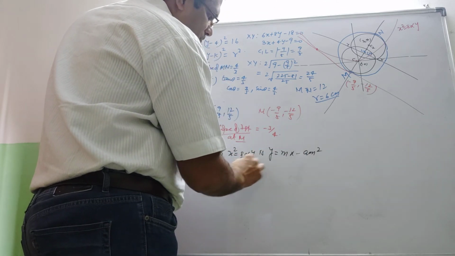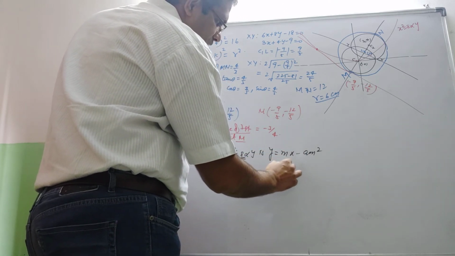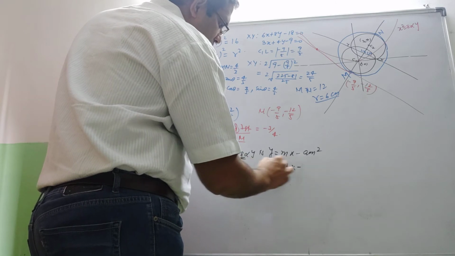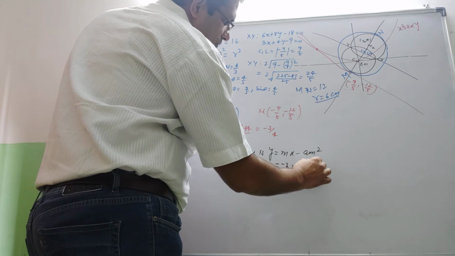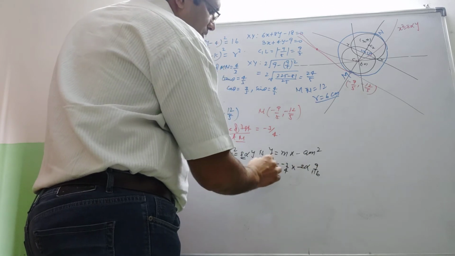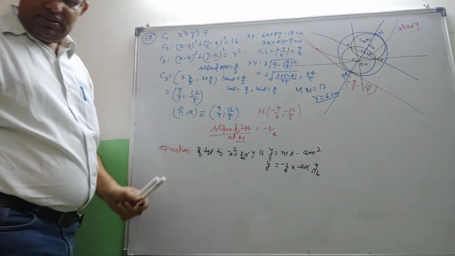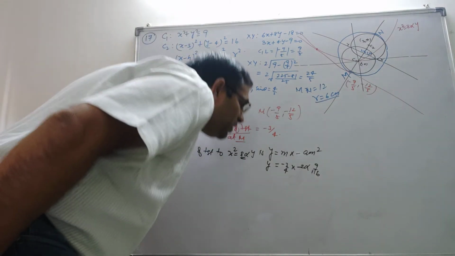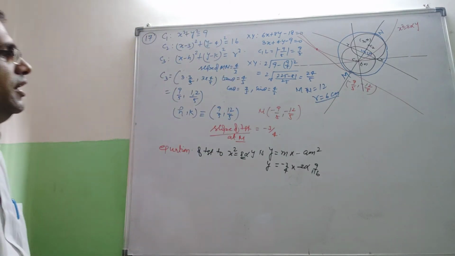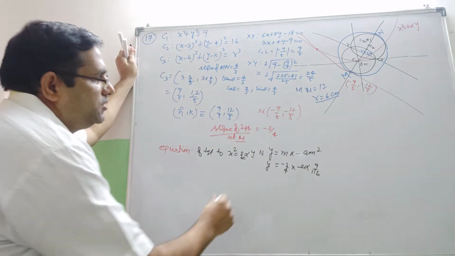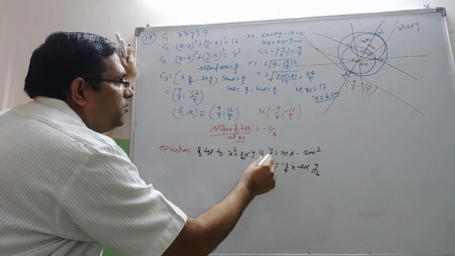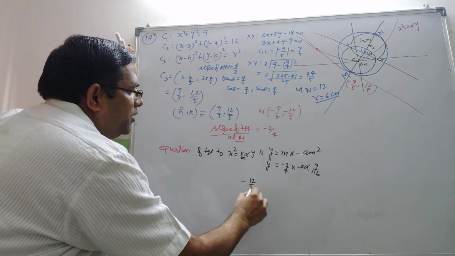Here a is equal to 2 alpha, m is minus 3 by 4, so y is equal to minus 3 by 4 x minus 2 alpha into 9 by 16, and it is touching at the point minus 9 by 5 and minus 12 by 5.